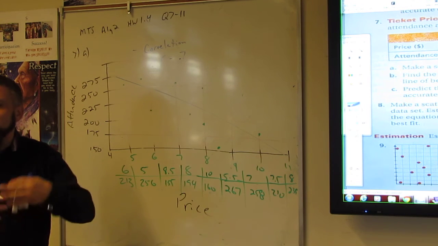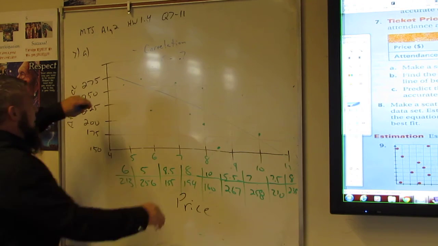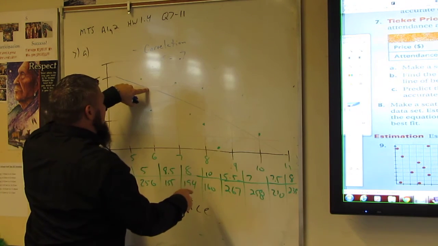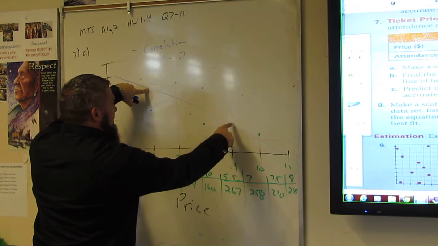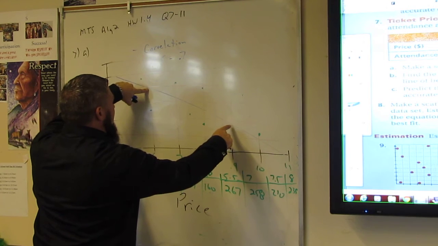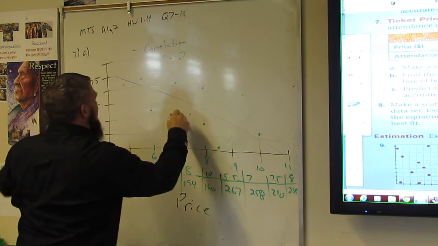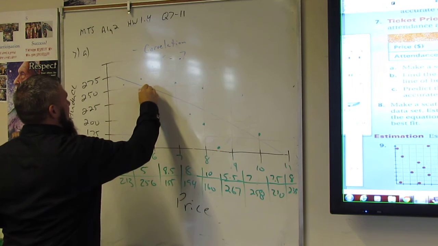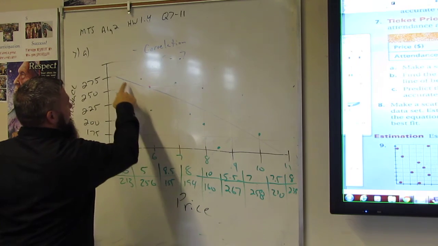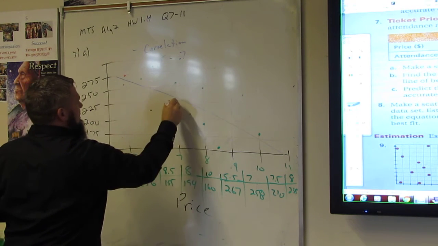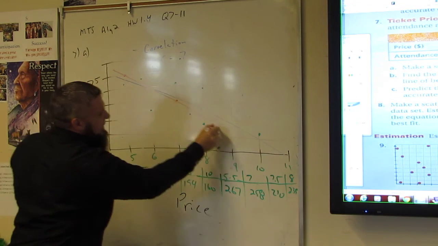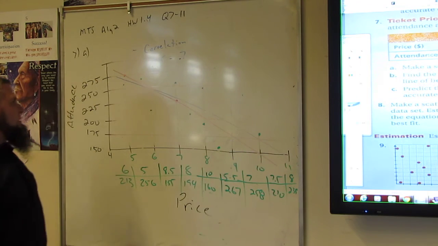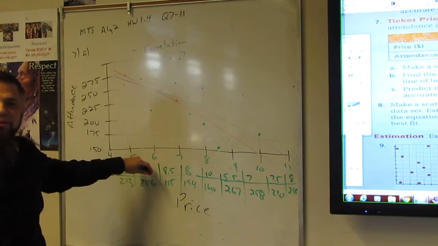I can make it fit some really good numbers. Instead of going just a little bit above, or a little bit below and a little bit above, I think I could tweak this a little bit, right? And if I had it go through like that, would that still be half above and half below?